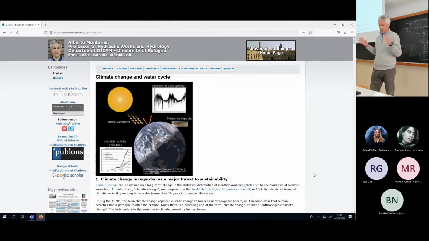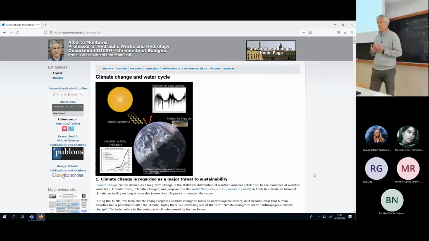So if the hypothesis is that the extremes are caused by climate change, and it fails, it's not correct, or it's partially incorrect, it means that we are missing something causing the extremes, and that something is not taken into account in our design.